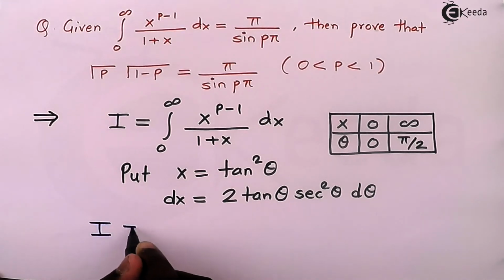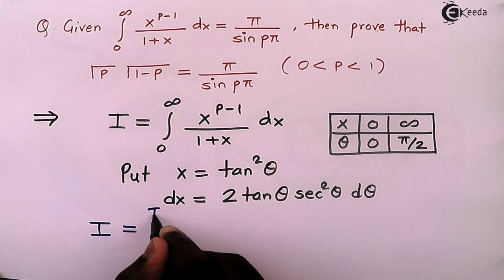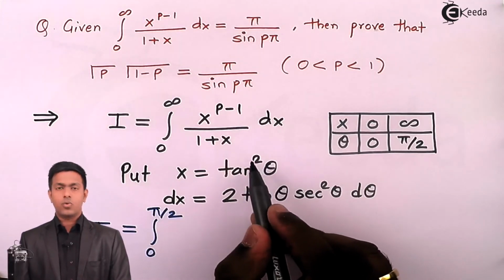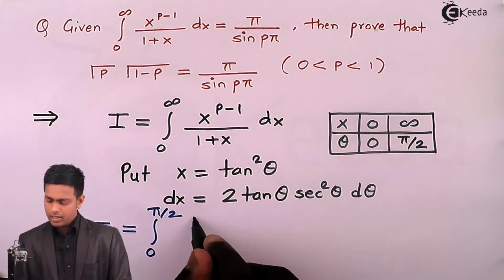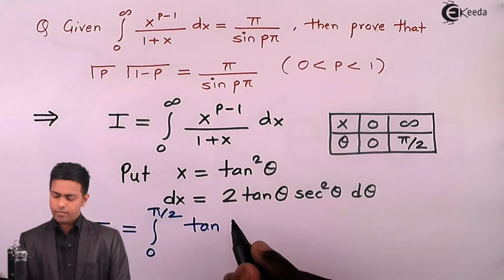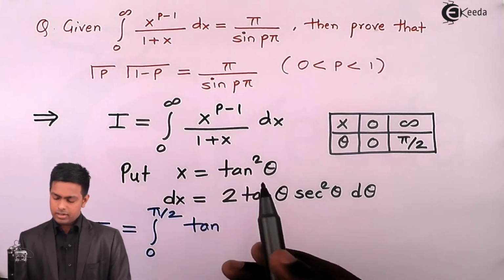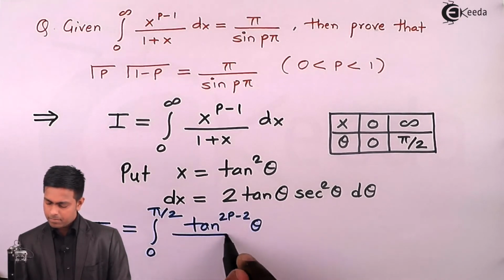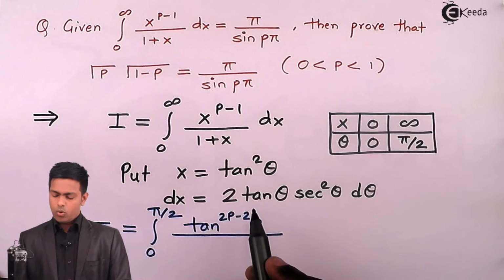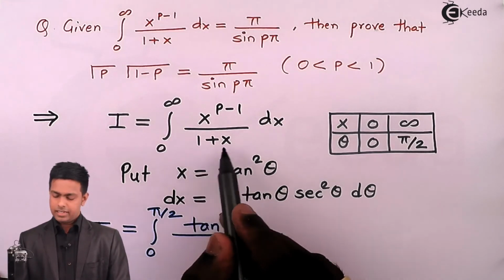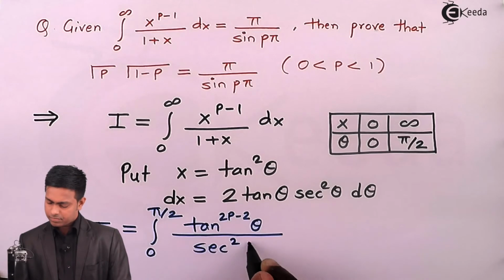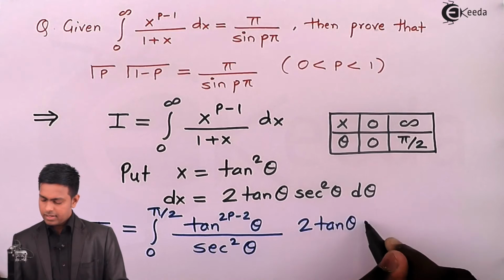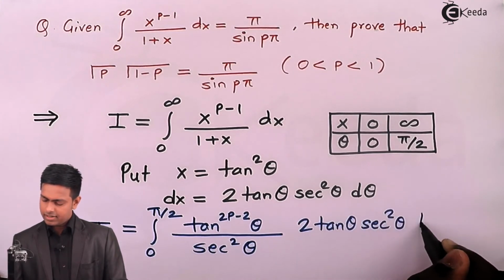So I will become the integration from 0 to pi upon 2. This x raised to p minus 1 will be tan square theta raised to p minus 1, so that will become tan to the power 2p minus 2 theta, upon 1 plus tan square theta, that is sec square theta, and the value of dx is 2 tan theta sec square theta d theta.